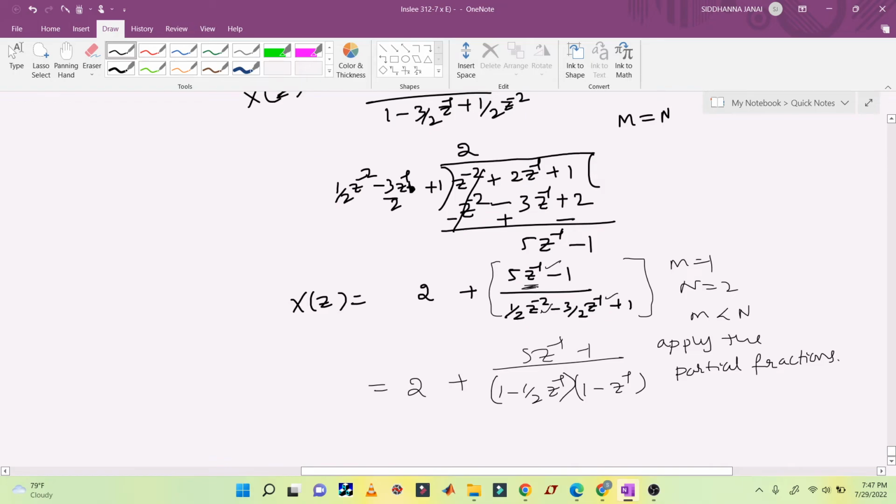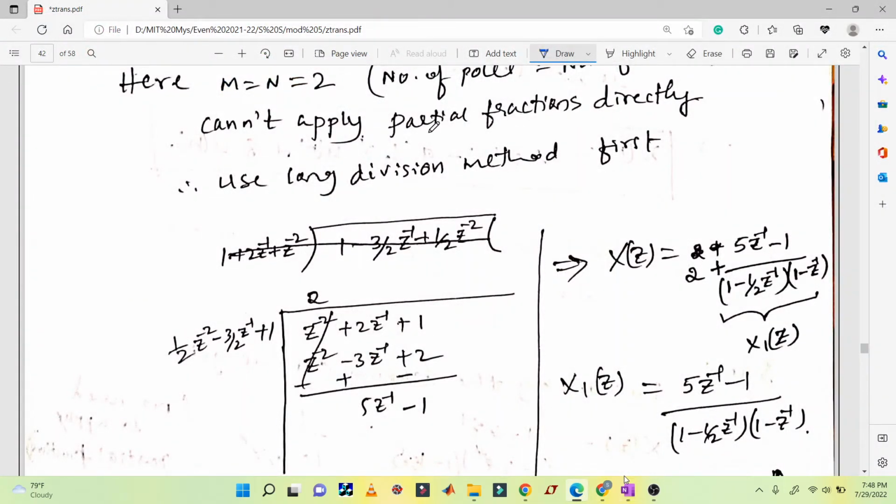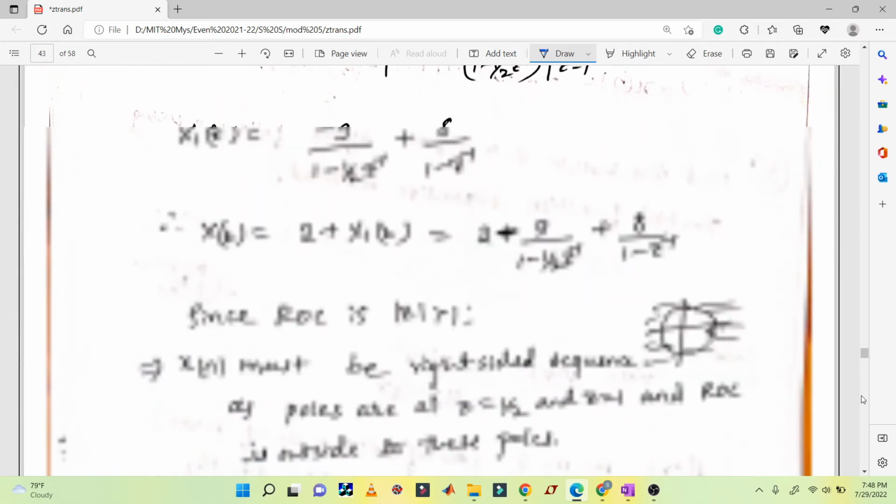From where you have got, in your calculator you apply the quadratic equation formula and you will get that the roots are 1 by 2 and 1. So using that you can write it like this. Now you can apply partial fractions for this and get the values as 2 plus, minus 9 and plus 8.